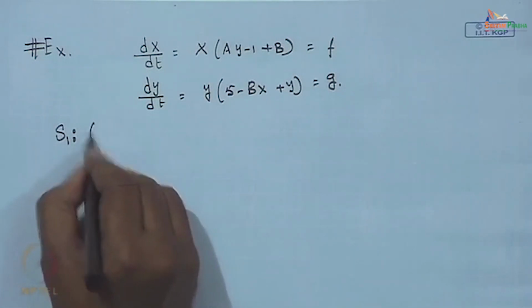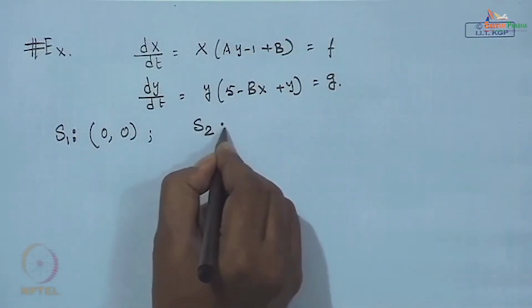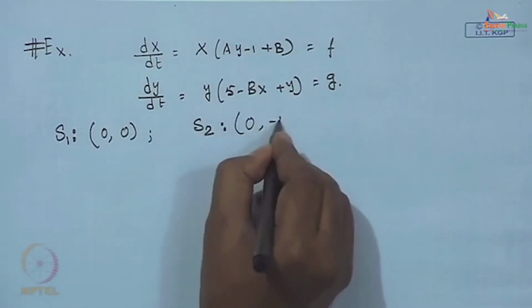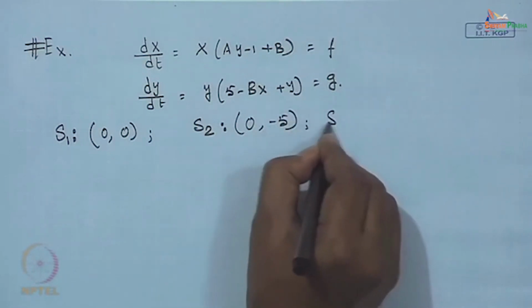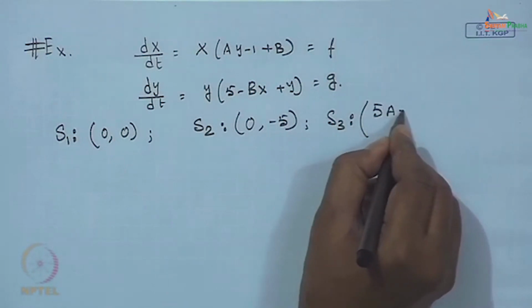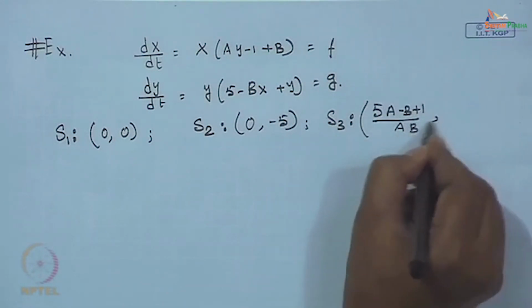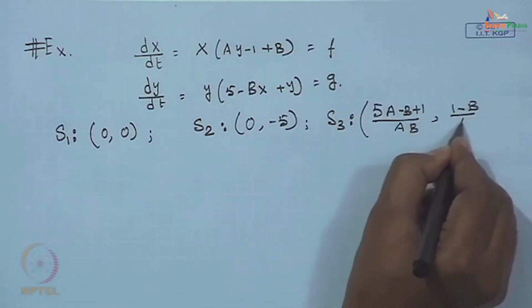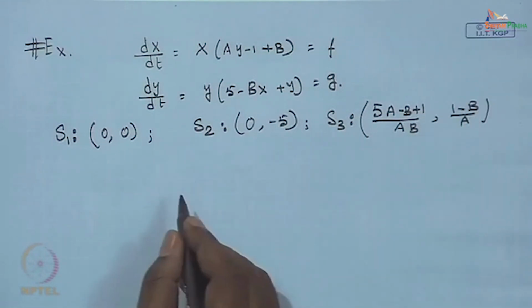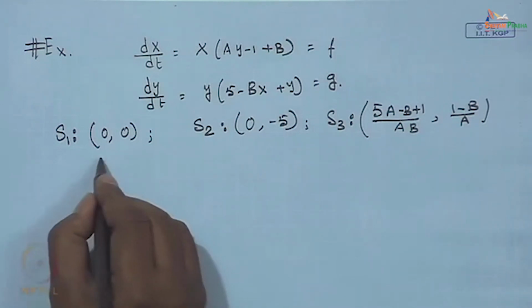The first steady state S1 is (0, 0), the steady state number 2, S2, is (0, minus 5), and steady state 3, S3, is given by ((5a minus b plus 1)/(a b), (1 minus b)/a). So, we have already checked the stability of the first two steady states.